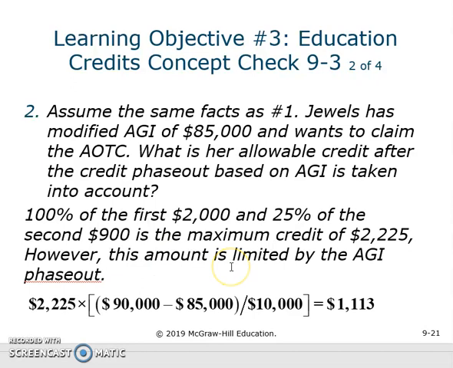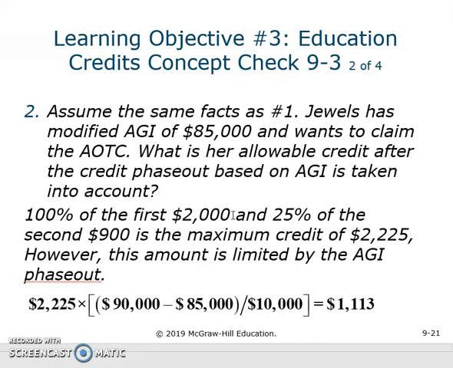So now we're going to assume the same facts as in 1. However, she has AGI of $85,000 and wants to claim the American Opportunity Tax Credit instead. What is her allowable credit after the credit phase out based on AGI is taken into account? So the amount of the tax credit is 100% of the first $2,000 and 25% of the remaining expenses.